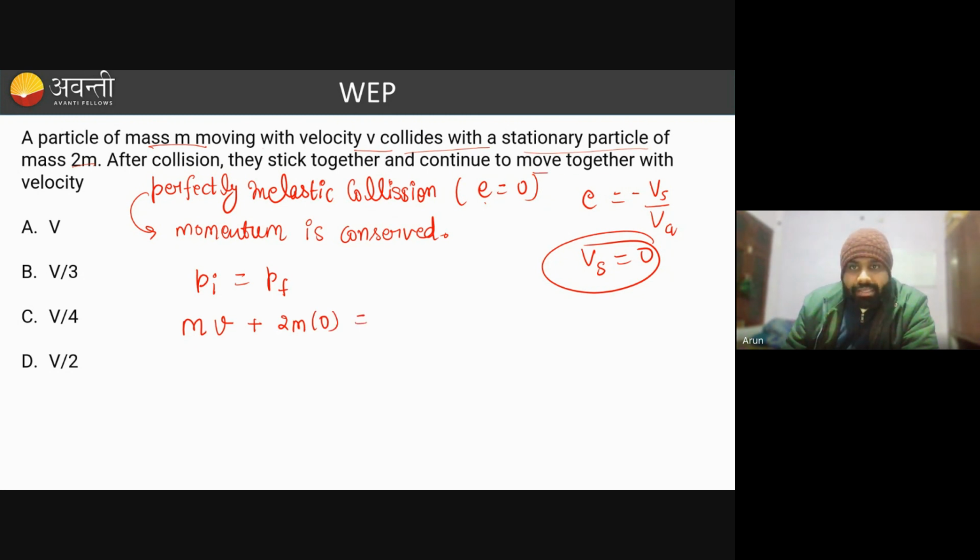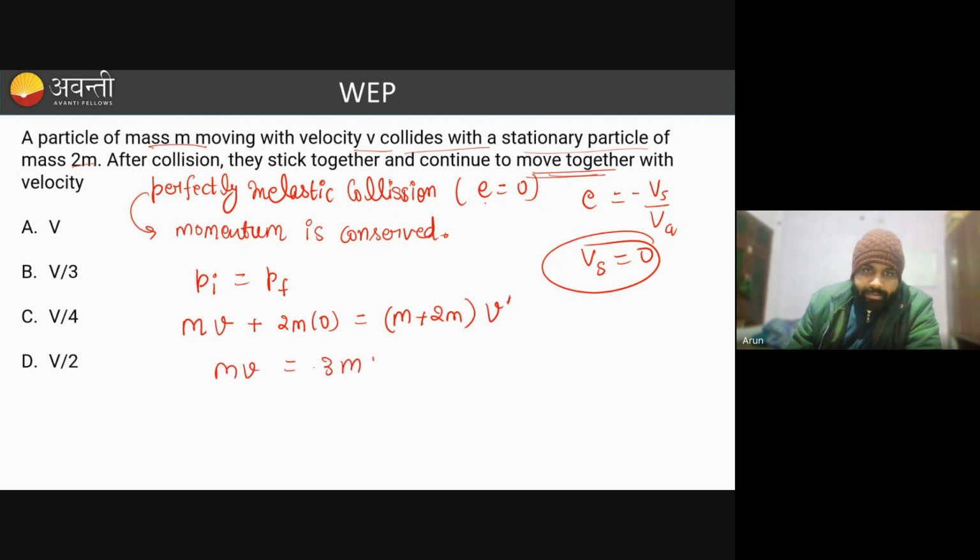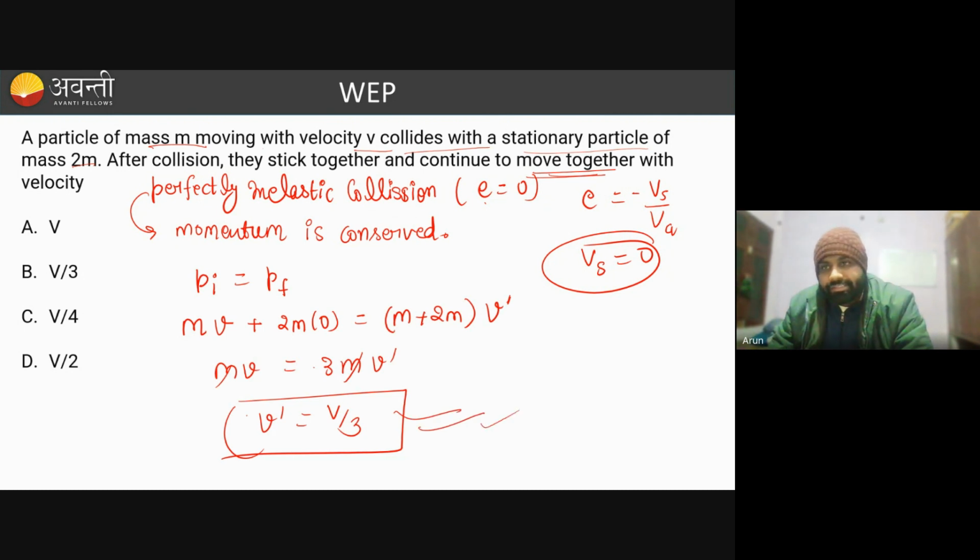Finally, they move together, so their velocity will be the same. This m plus 2m will be a combined system now, so the mass here is m plus 2m, and this total mass is moving with a velocity, let's say, v dash. So this becomes m into v is equal to 3m into v dash. m and m will cancel out, so v dash will become v by 3. This is the velocity that they acquire after the collision.